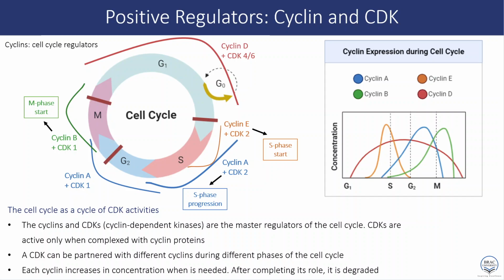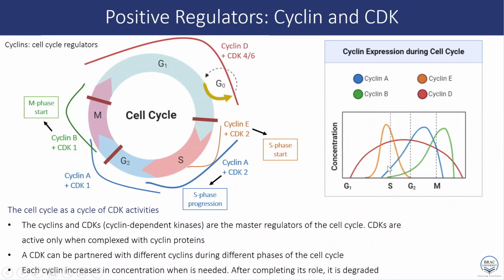You can see that at each of the phases, like G1, S, G2, M, different cyclins are active at different phases. Like cyclin A is active at the end of the G1 phase, in the S phase to M phase. You can see cyclin A is activated, or the concentration actually increases. The y-axis is the concentration of the cyclins.